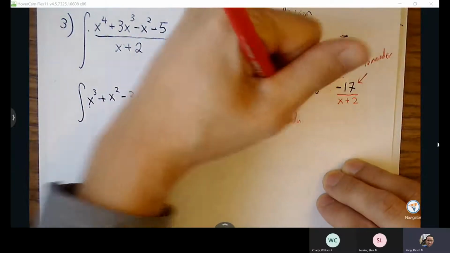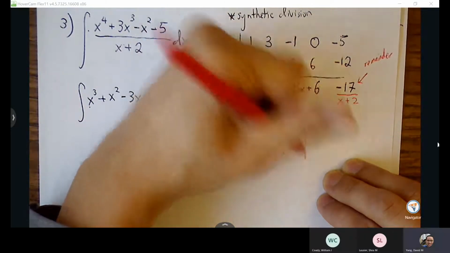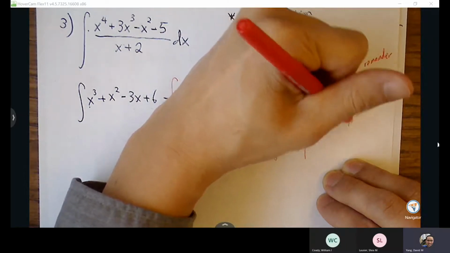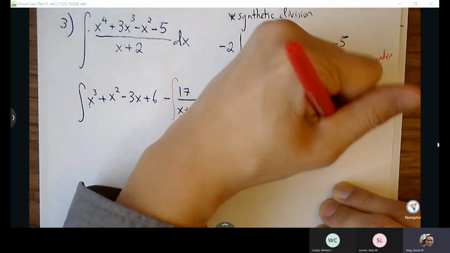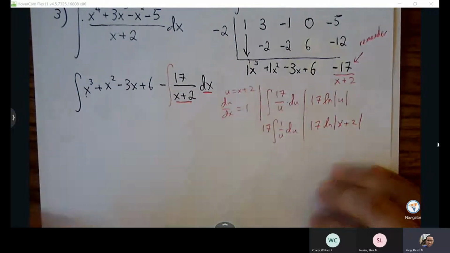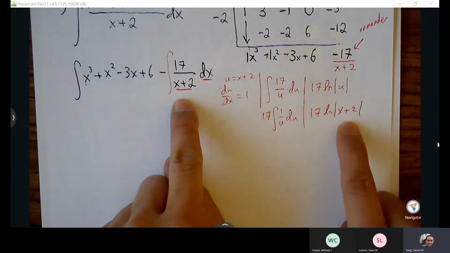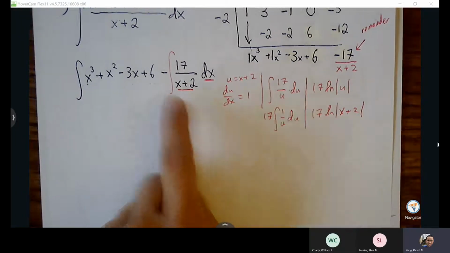Pull the 17 out in front. Natural log of u. And so therefore 17 natural log absolute value of x plus 2. Okay, so if you're comfortable, some of you may be able to jump directly from here to here without having to go through all the notations, which is fine.